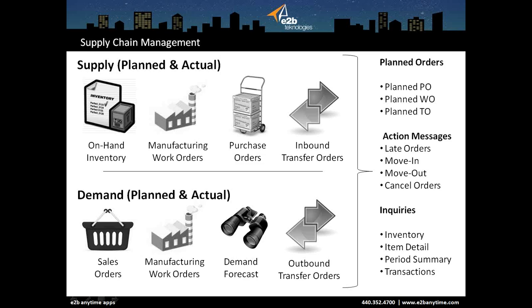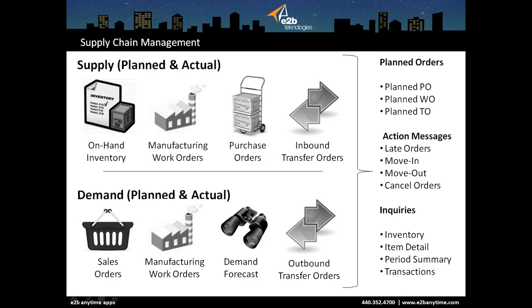So what are we really looking at here? We're looking at all the information that we would need in a system to actually manage an accurate material plan. Okay, so we're looking at our on-hand inventory in all of our inventory settings, right? Safety stock, lead times, etc. We're looking at our manufacturing work orders, what's out there and what do we have planned. We're looking at purchase orders, which is, again, a supply side coming in.